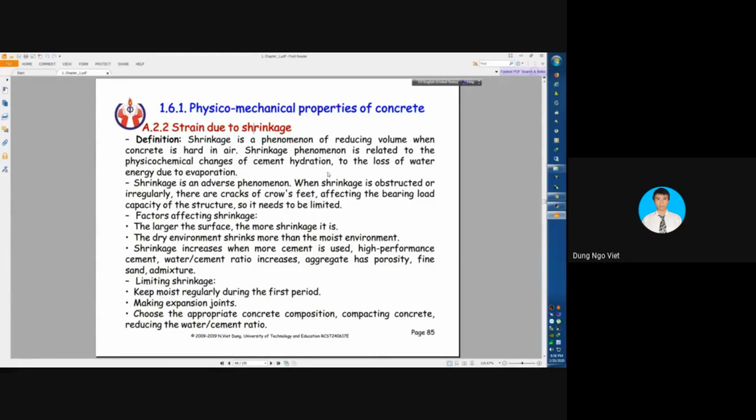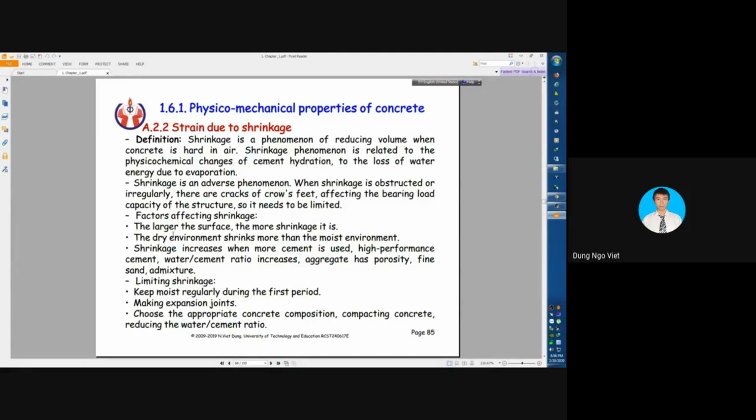And the shrinkage phenomenon is related to the physical-chemical change of cement hydration, and to the loss of water due to evaporation. And shrinkage is an adverse phenomenon. When shrinkage is obstructed or irregular, there are cracks, affecting the bearing load capacity of the structure. So it needs to be limited.